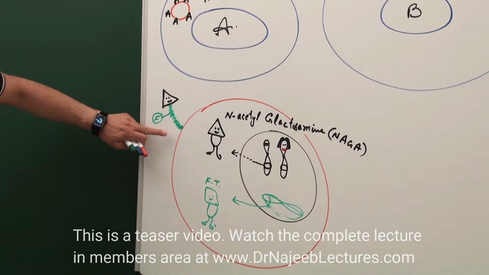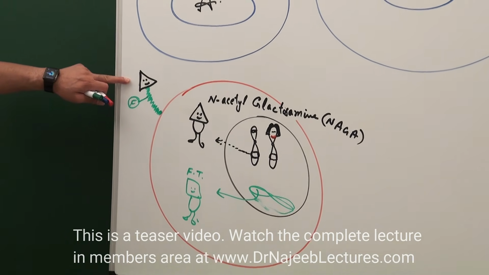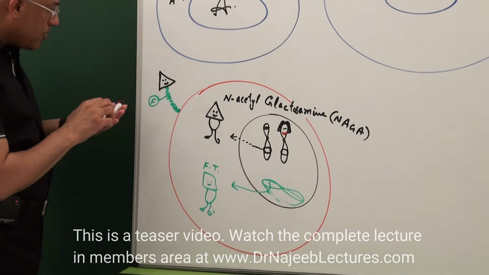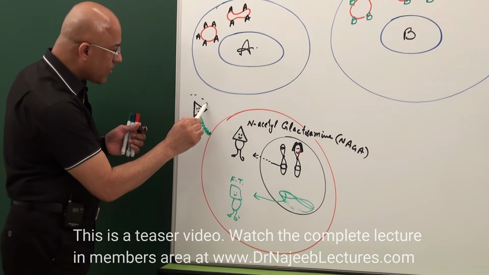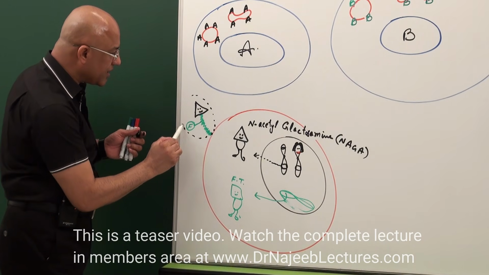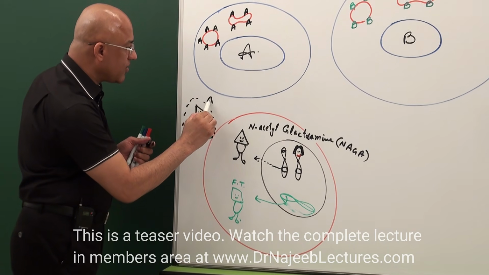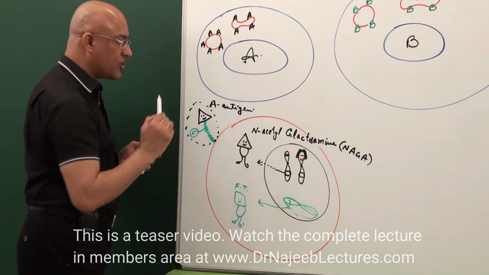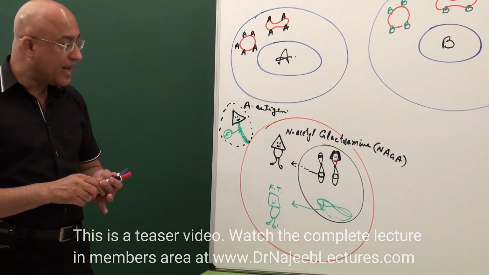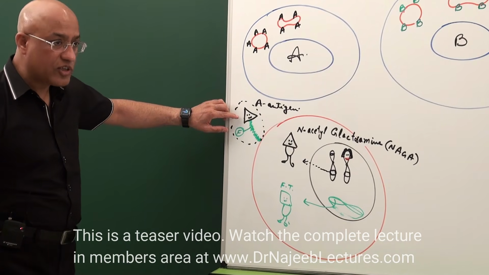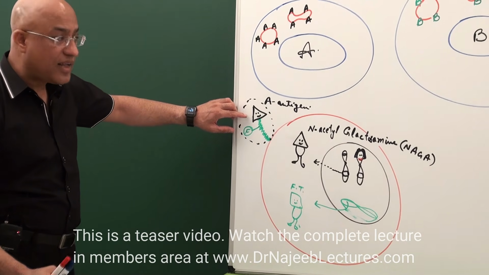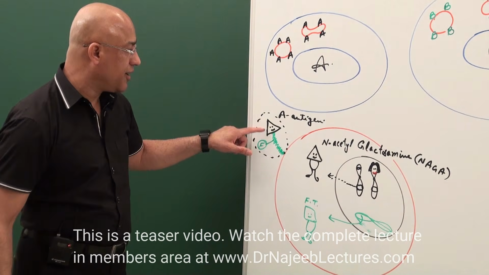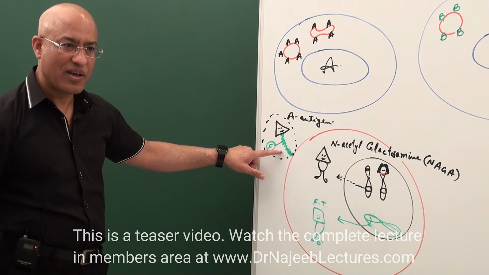So what happens? Here we have added a special top on this. This whole molecule is now called A antigen. Now you understand what A antigen is? Yes. A antigen is produced by addition of N-Acetyl galactosamine to the H substance.